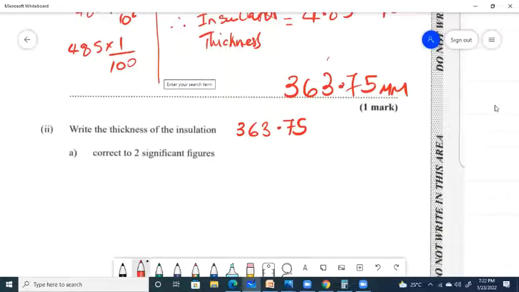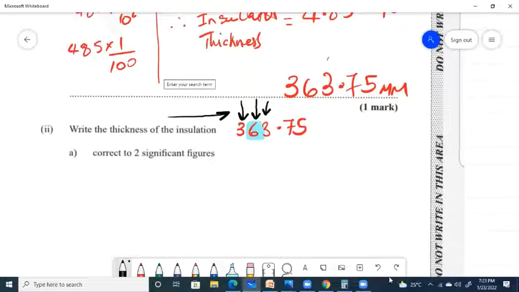Again, all digits are significant except 0, which may or may not be significant. I am not seeing any 0 here. So what's my first significant figure? 3. What's my second significant figure? That. Remember, significant figures are counted from left to right. So the 3 that I'm referring to was this one first, this one second, this one third.